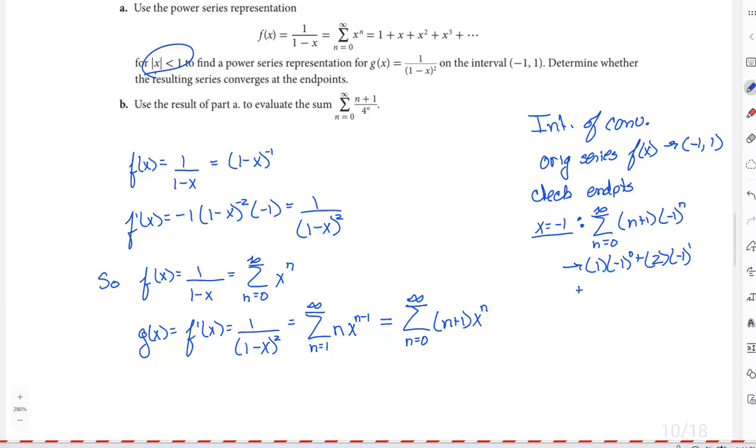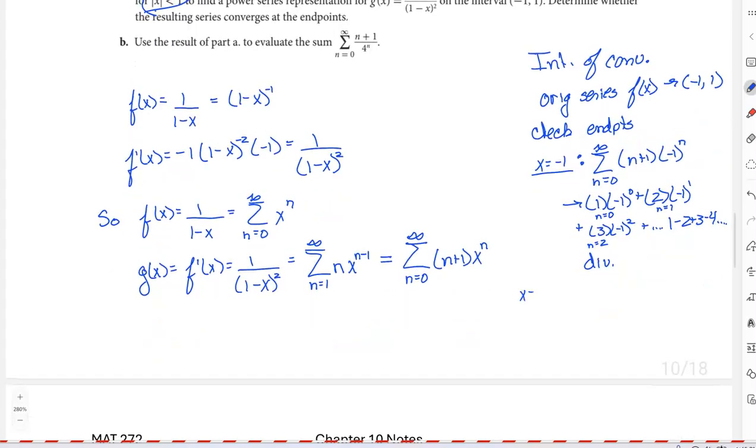So this is n equals 0, this is n equals 1. When I plug in n equals 2, I'm going to have 3 times negative 1 to the second. So I'm alternating back and forth between adding and subtracting numbers. So it's going to be 1 minus 2 plus 3 minus 4 plus 5 minus 6. And that's going to diverge.